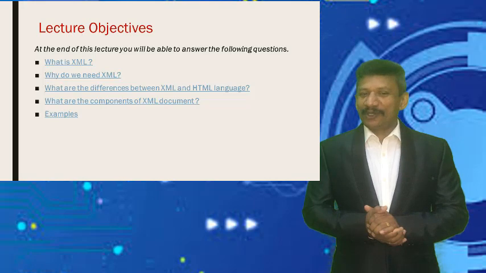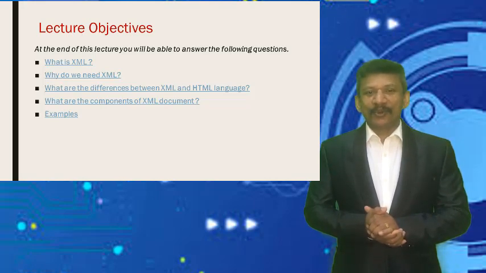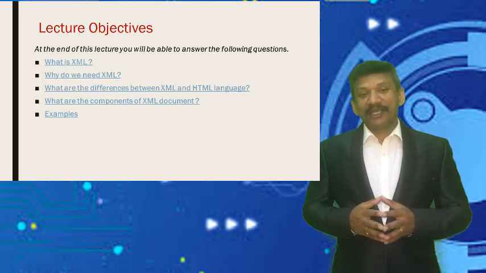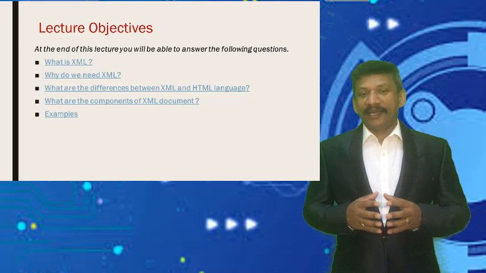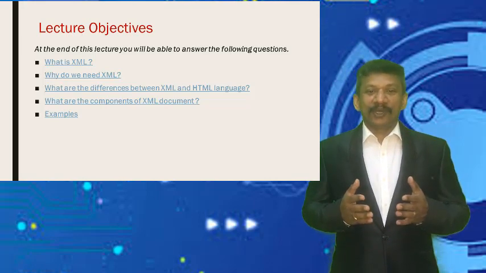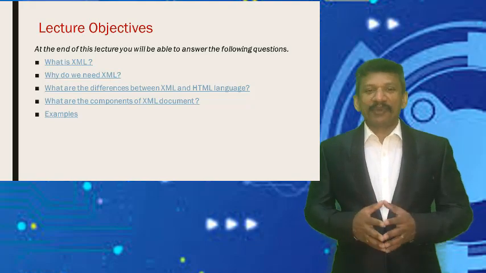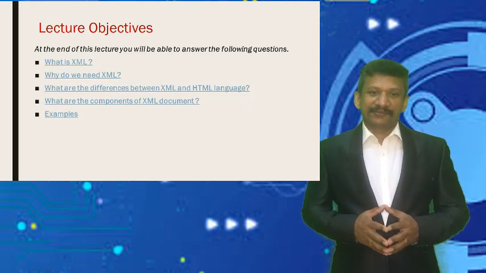Number two, we will also see why it is important to us, what makes XML indispensable. And then, it sounds a lot like HTML, so let us also see the differences between XML and HTML. And then let us see what constitutes an XML document. What are its main components? Then with some examples, we will wrap up the session.